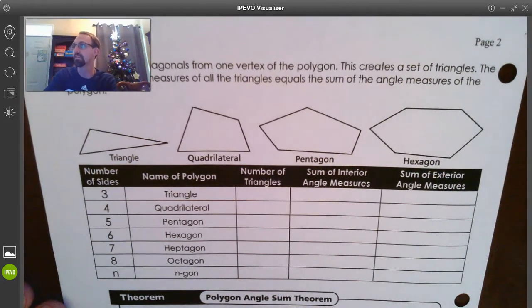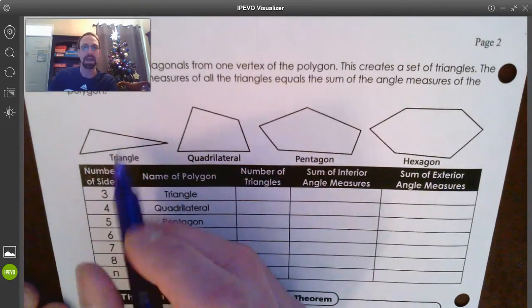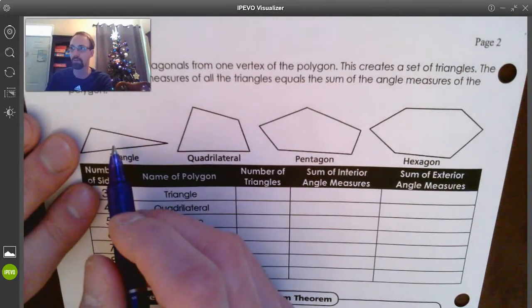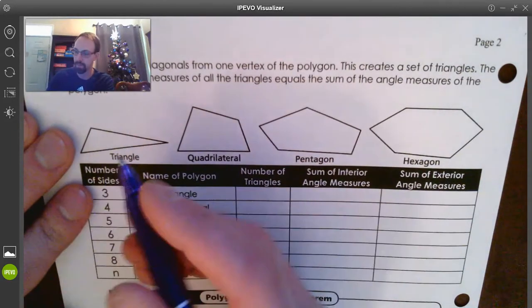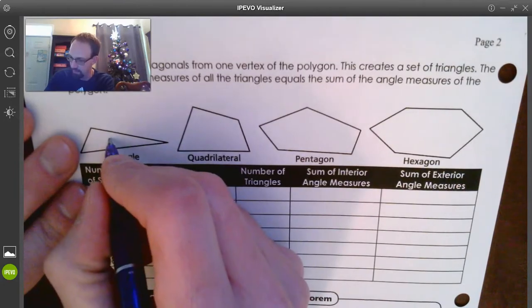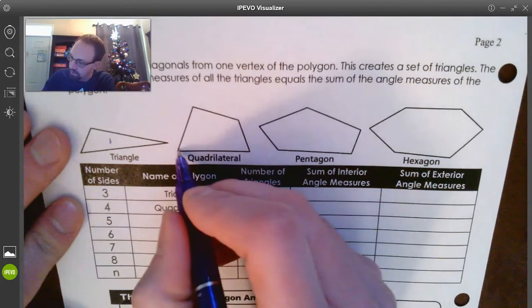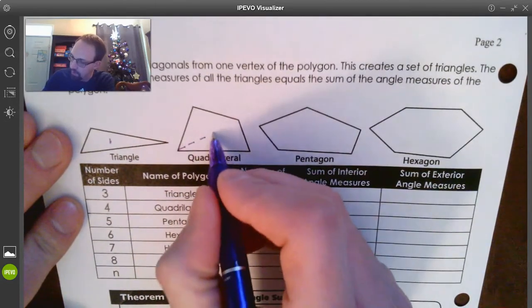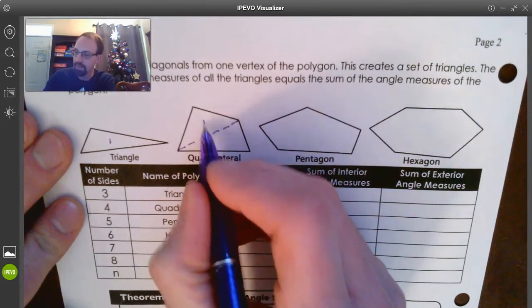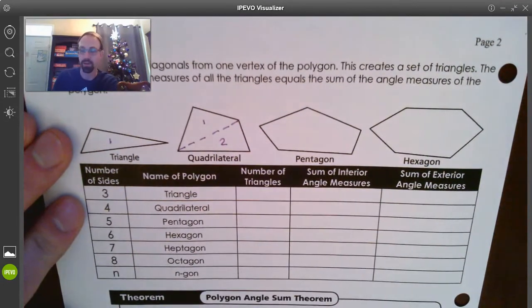So let's go ahead and draw the diagonals. For the triangle, we can't draw any. So this triangle has one triangle that's inside. For the quadrilateral, what I'm going to do is draw a diagonal from this part of the quadrilateral to this other part. What that does is give me 2 triangles.